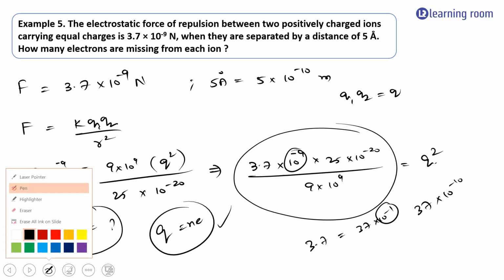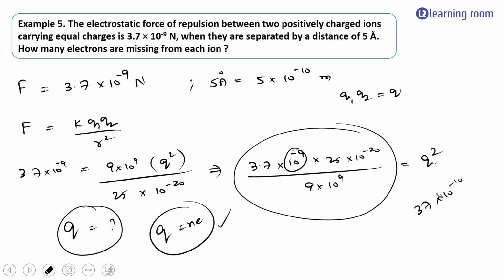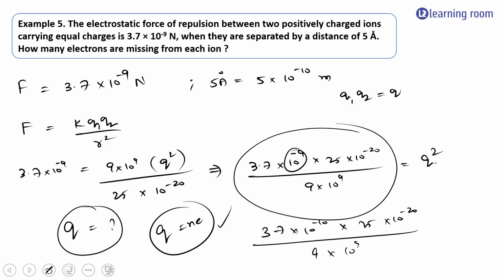Wait, I'll tell you what I did. Sir, I'm getting the final answer as root 3.7. So can I just leave it as 1.9 approximately? Yeah, that should be fine. So 37 into 10 power minus 10 into 25 into 10 power minus 20 divided by 9 into 10 power 9. This is equal to Q square. So this is what I wanted to write.